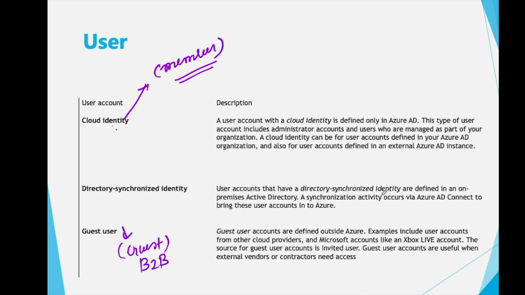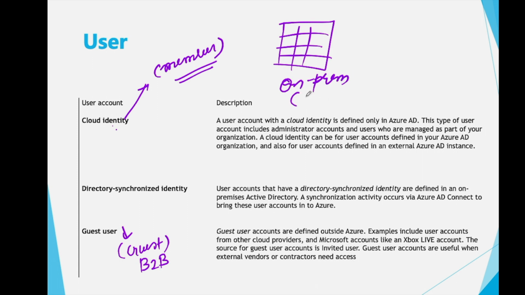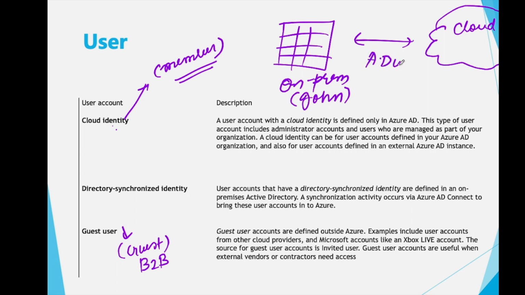And when we have directory synchronized identities, if we already have an on-prem and we have a certain set of users, for example, John, and we want to synchronize those users to work in the cloud environment, in our case it is Azure, then we use a service called AD Connect, and we synchronize the identity of John.